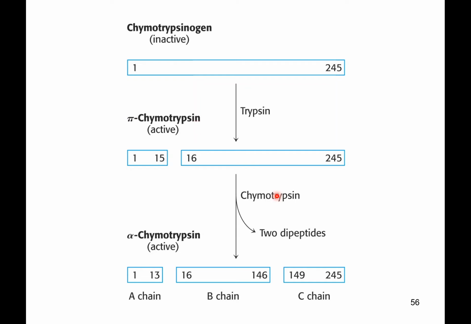Then the chymotrypsin will self-cleave and form what's known as alpha-chymotrypsin, which is the active form. You have three chains: the A chain, which is small, the B chain, which is the longer one, and then another smaller C chain over here.